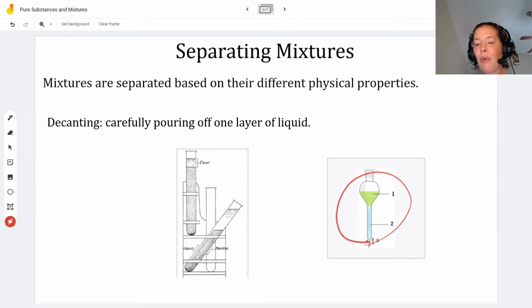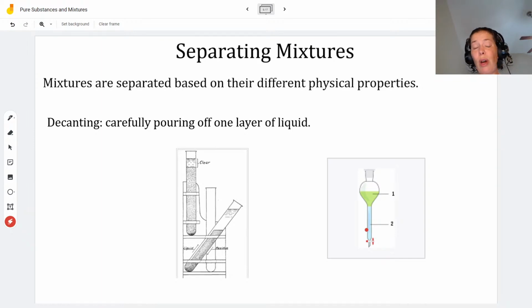So for example, you could say this layer here was water, and maybe this was some kind of oily layer on top. You could open this valve, let all of the water drain out, and just leave the oil in the funnel. That's a really handy tool to use in the lab to separate two different liquids that are not going to dissolve in each other, are not miscible.